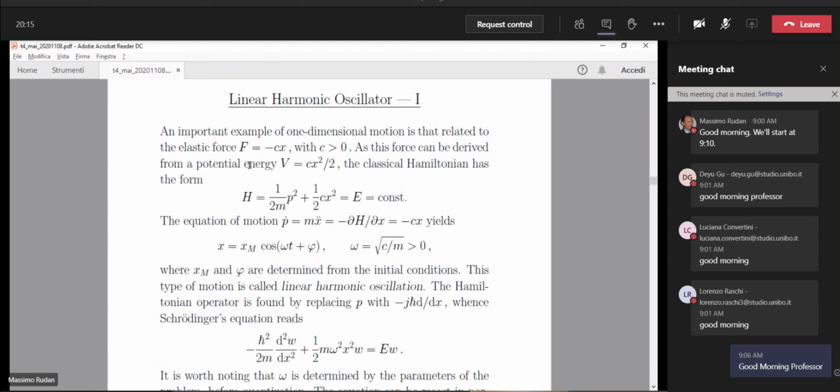Now we have to find the quantum equation corresponding to this. So we have to go from the classical situation to the Schrödinger equation independent of time. But before we do that, we should appreciate the importance of the problem, because we already met one case.